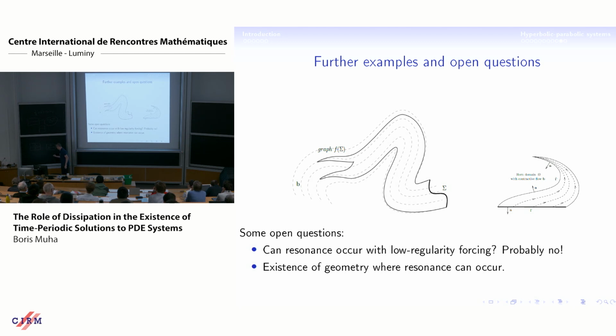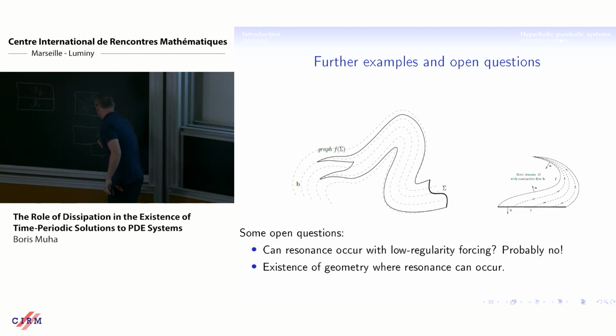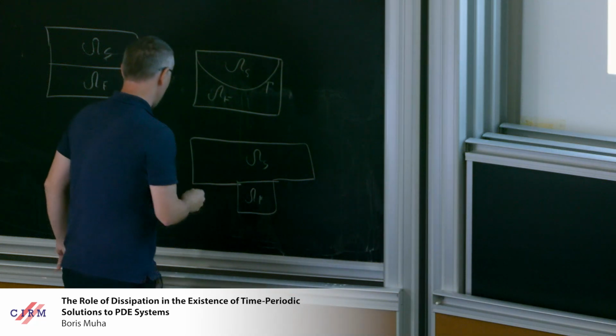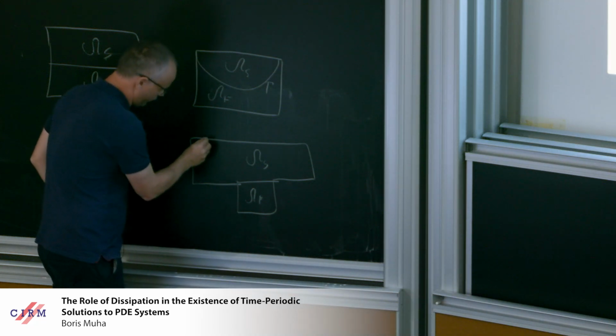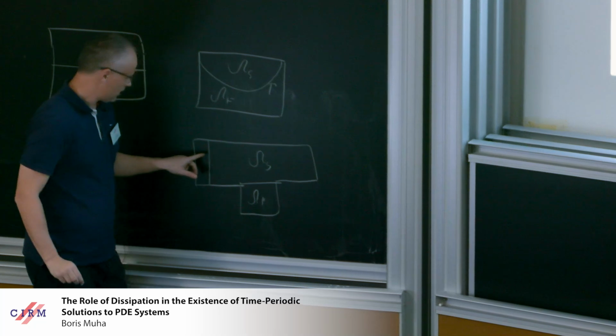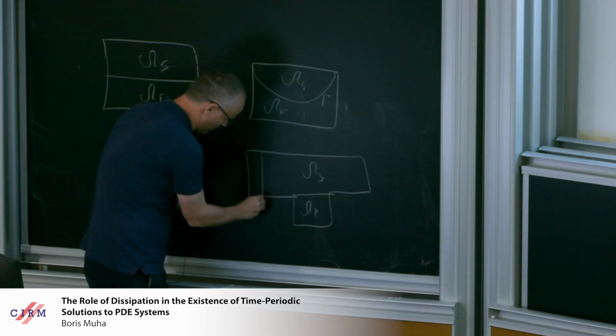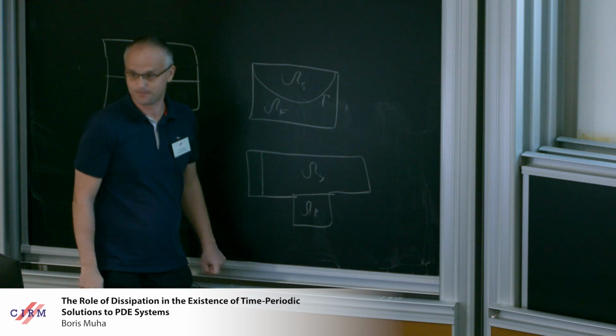I had a master student do some numerics. And she did what I called the Tetris domain. Here is omega s, here is omega f. And let's put forcing here, a resonant forcing, which is somehow concentrated in this strip.